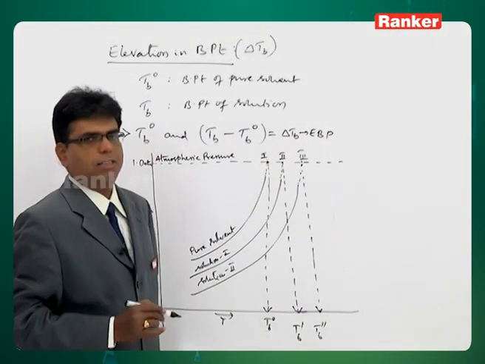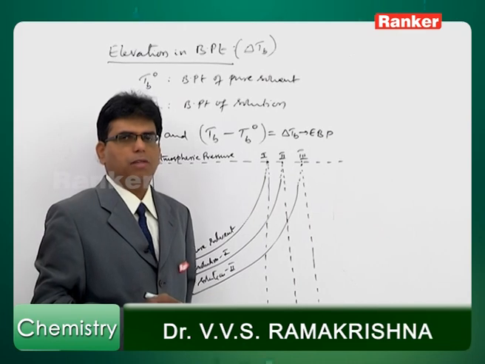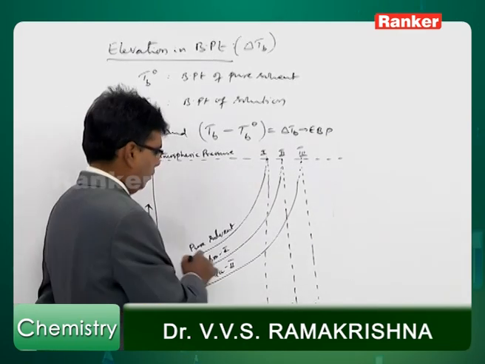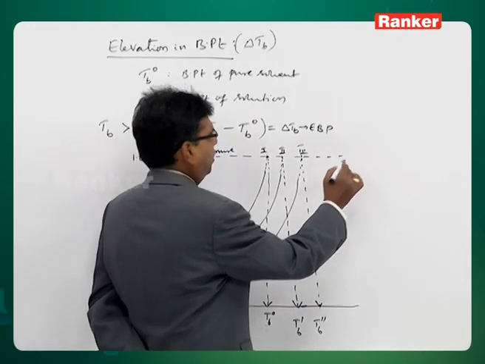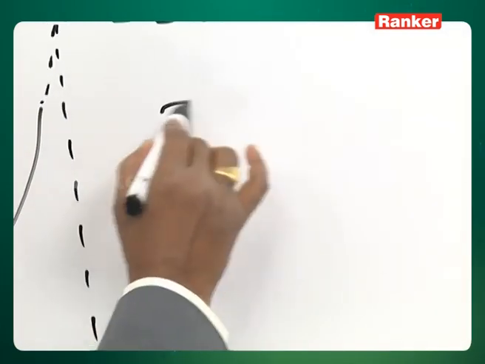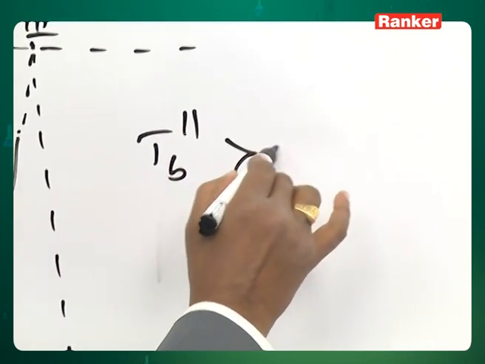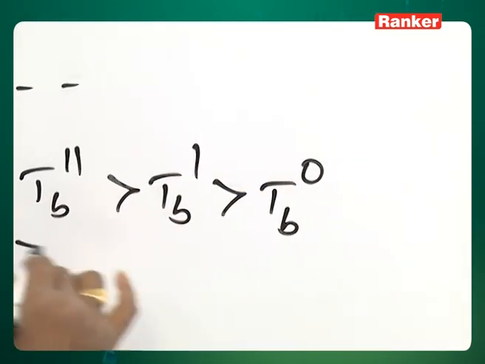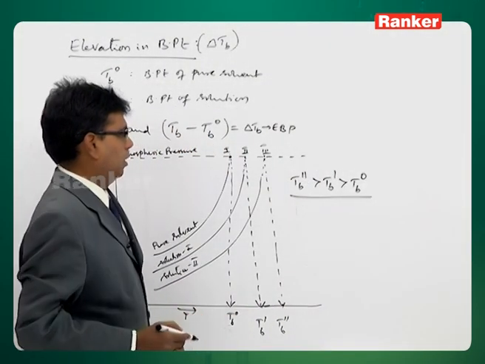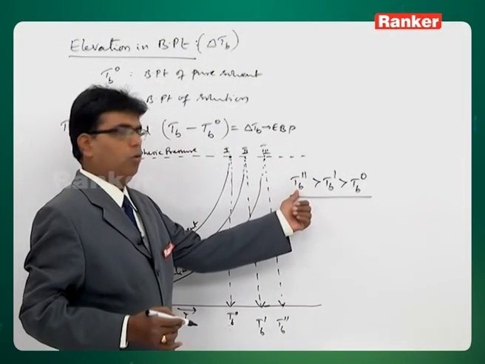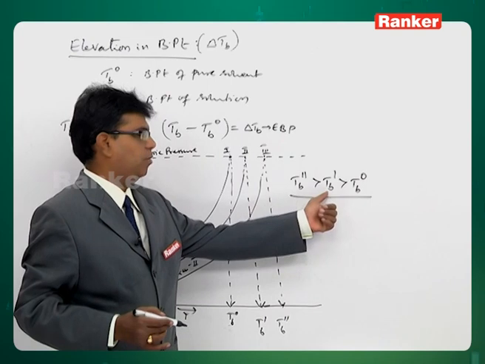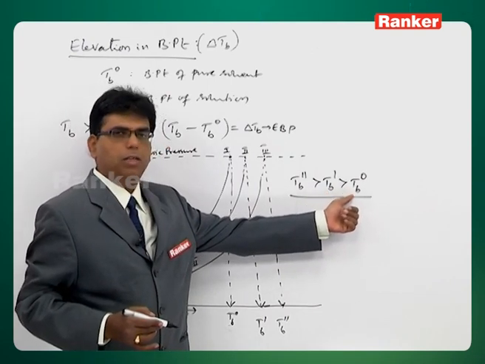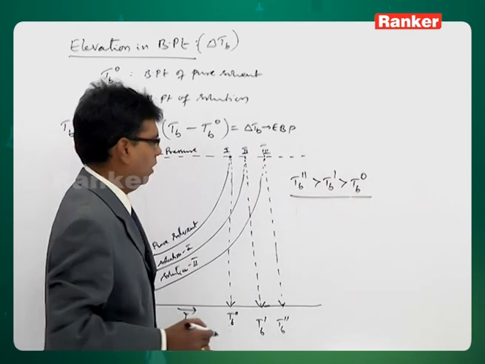TB double dash is the boiling point of solution 2, that is the more concentrated solution. Now, if you compare these three from the figure, you can easily say that TB double dash is greater than TB dash is greater than TB naught. That means boiling point of the more concentrated solution is greater than the boiling point of the lesser concentrated solution, than the boiling point of the pure solvent, right.